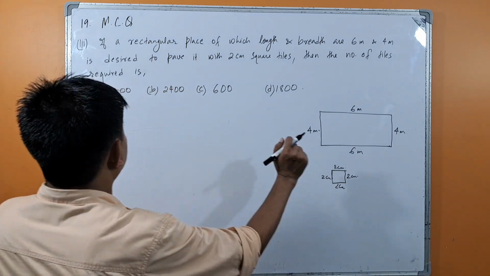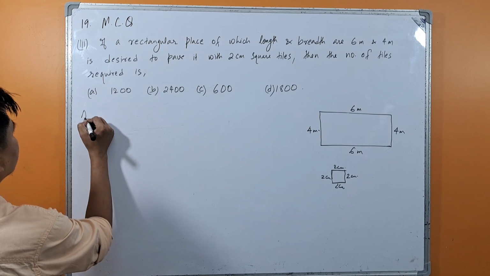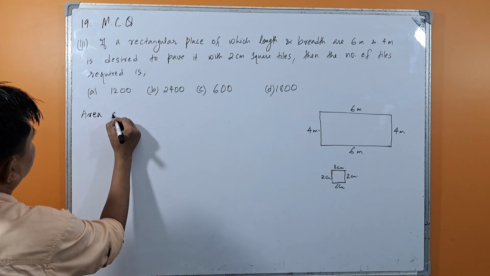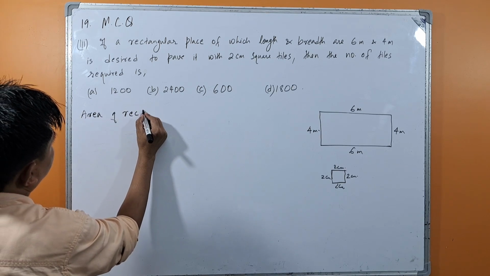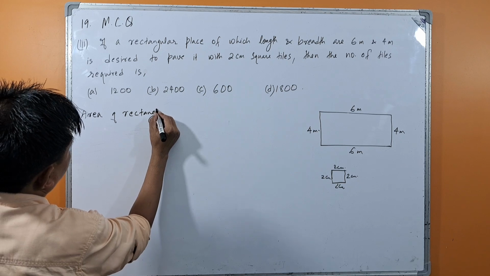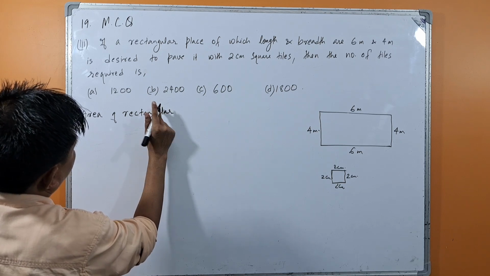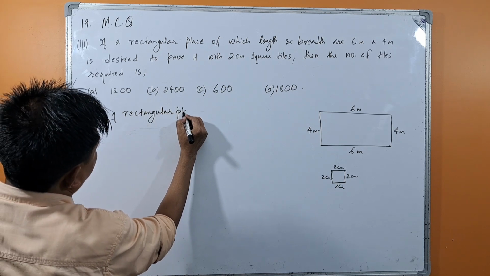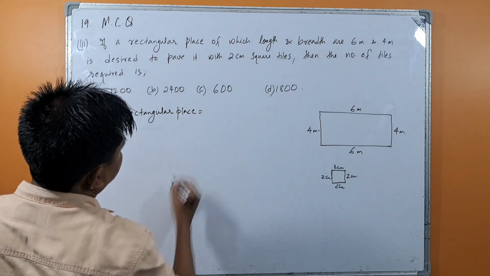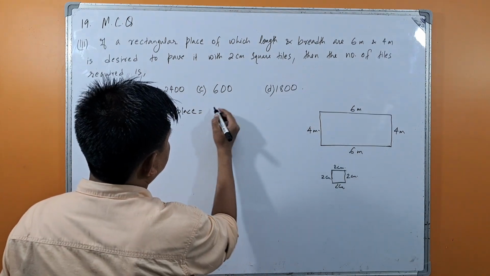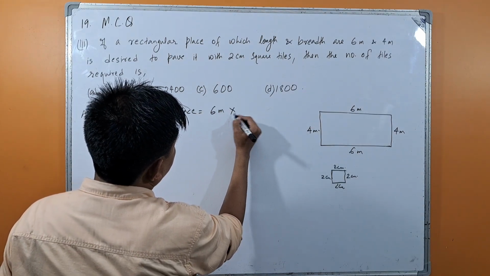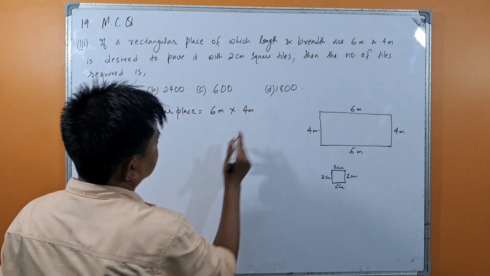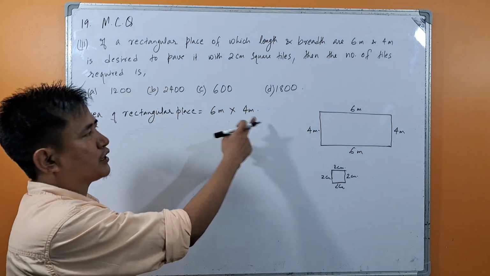Okay, so area of the rectangular place is equal to length, 6 meter, into breadth, 4 meter, isn't it? I am choosing to convert this meter to centimeter.